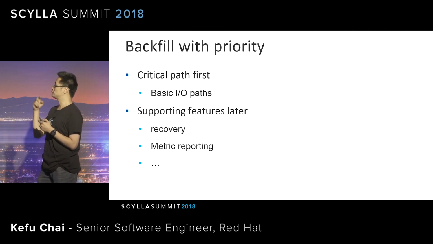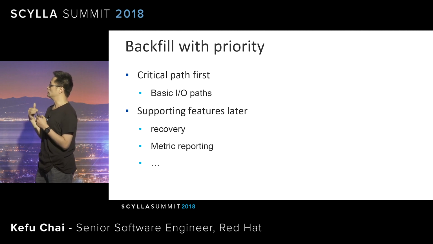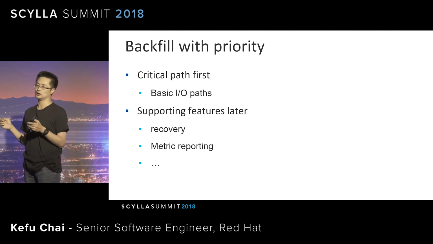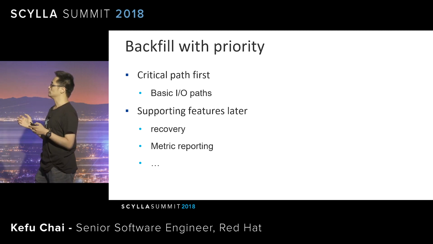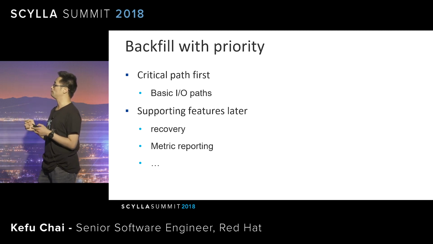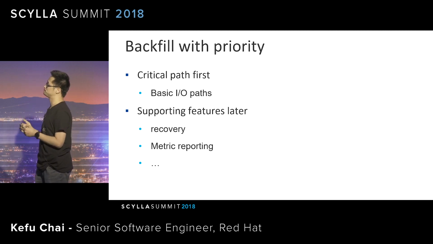The same applies to the porting, because we are pushing the feature set from the existing Ceph and trying to fill it with all the features we want to have. But we need to prioritize the port.